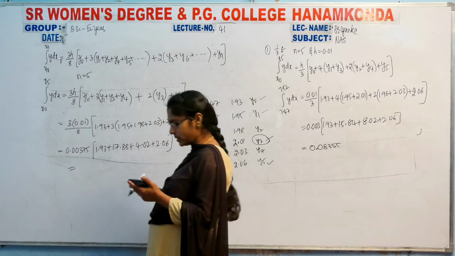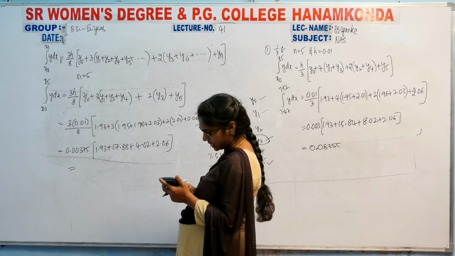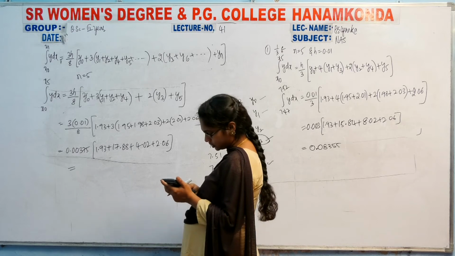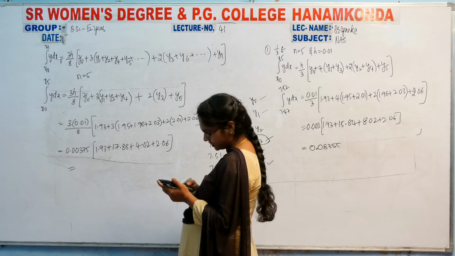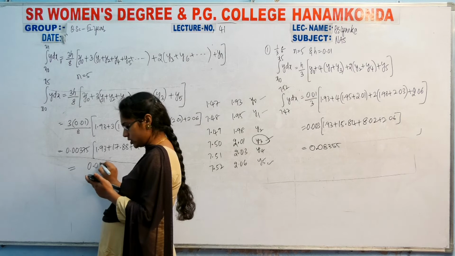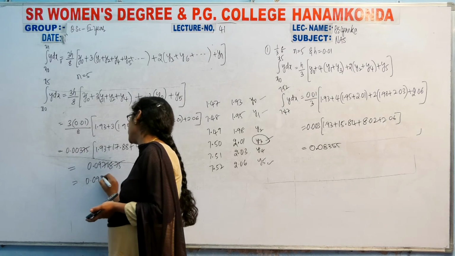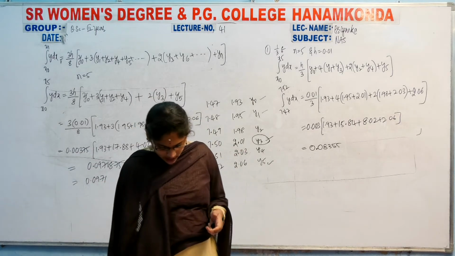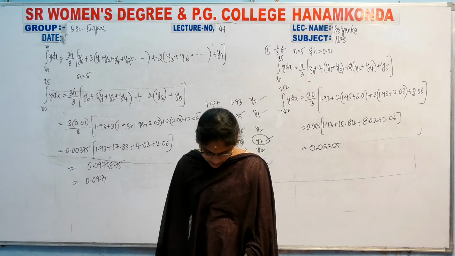Now take the addition and multiplication: 1.93 plus 17.88 plus 4.02 plus 2.06 into 0.00375. Now it is nothing but 0.0970875. Simple. So this is nothing but the method by using the Simpson 1/3 and Simpson 3/8.